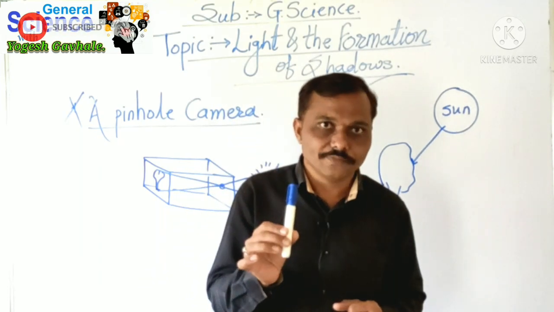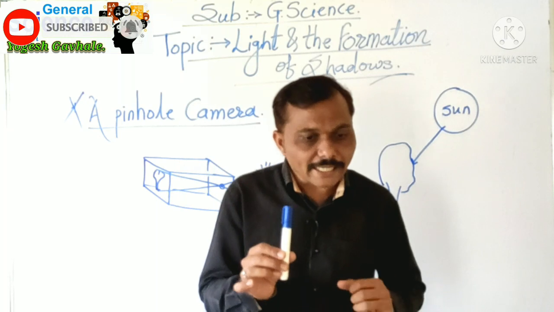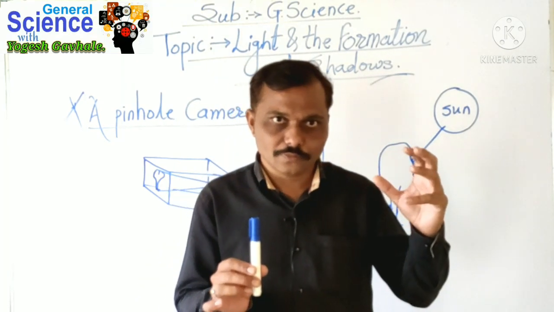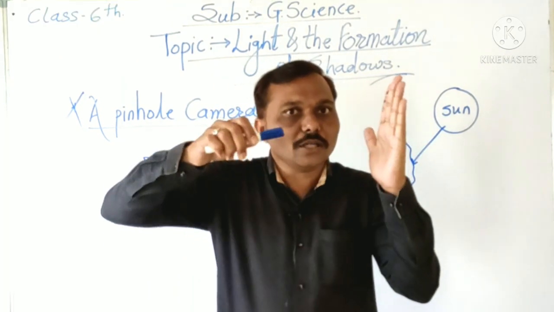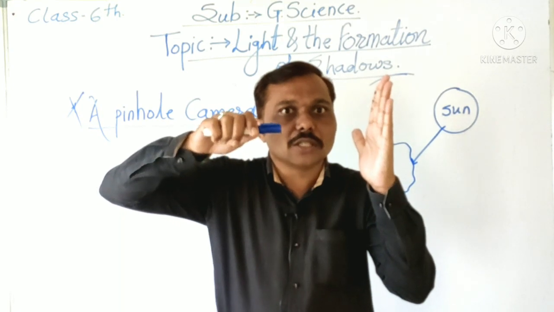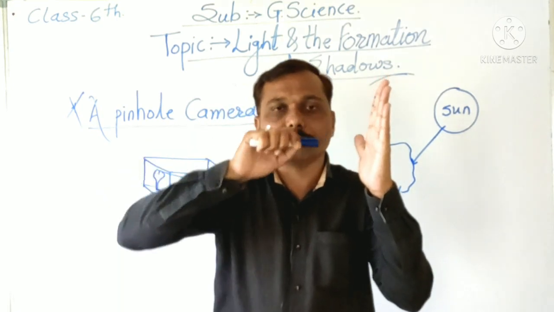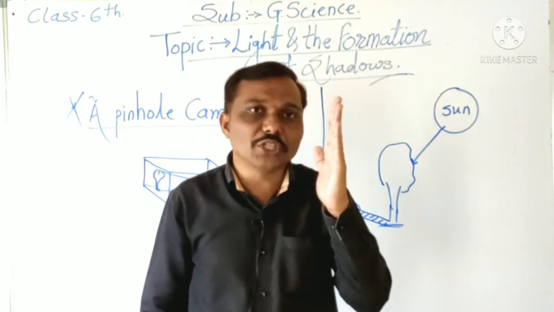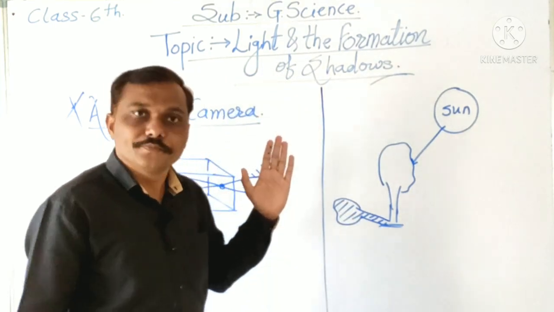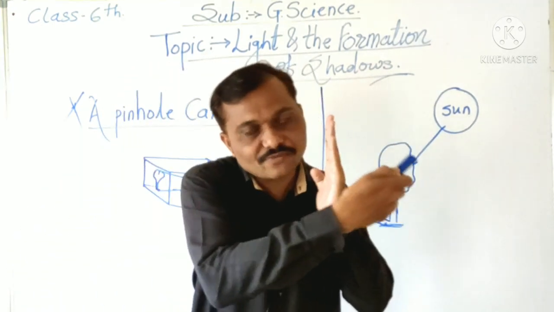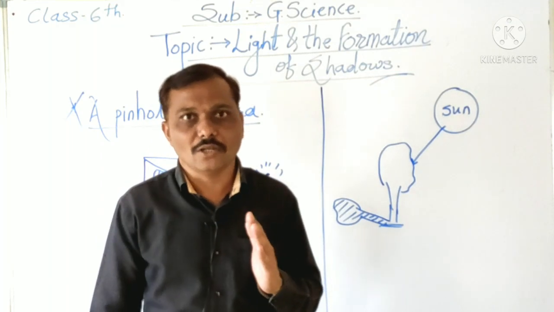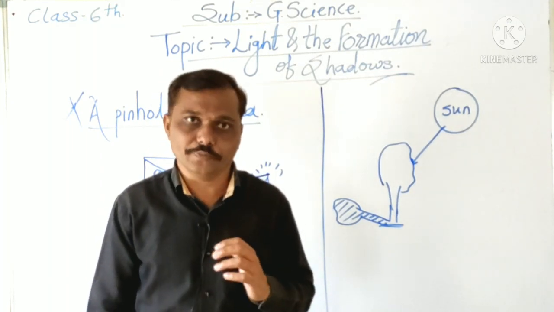Take a torch, then take any object and flash the torch on the object. What did we observe? There is darkness found behind the object. So that is called a shadow.